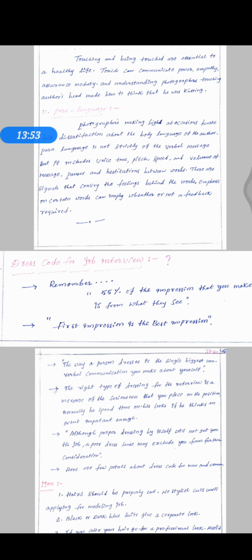Remember, 55% of the impression that you make is from what they see. How many percent? 55 percent, what they can see.